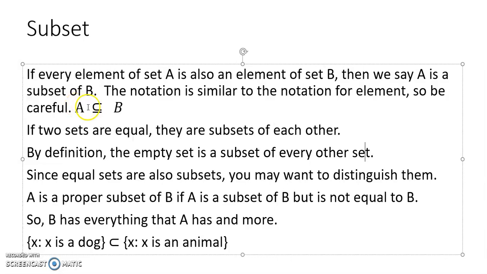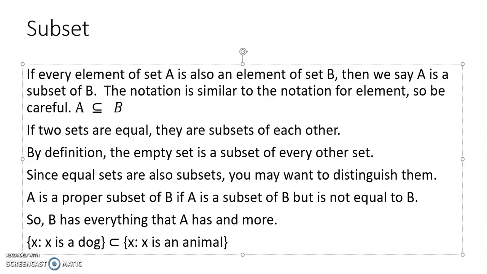So that extra line says, yeah, they might possibly be equal. Whereas in this symbol, there is no line underneath. So no, they may not be equal. If you're using this symbol, you're saying they are not equal. You're saying the thing on the right has everything that the left has and more.